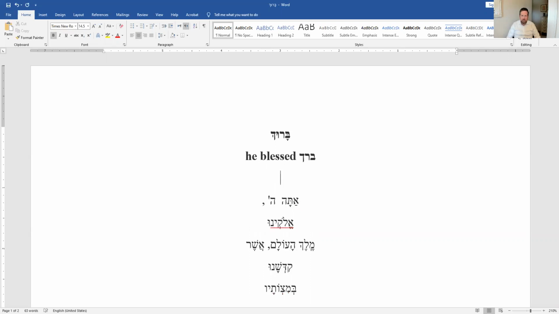Okay. Now, when you have a letter vav after the first letter, if you would say the word omer, that means the word say. That would mean the word saying. Omer means saying because a vav after the first letter makes it present tense. Adding a vav after the second letter, though, doesn't make present tense.